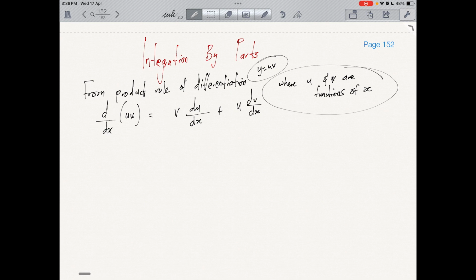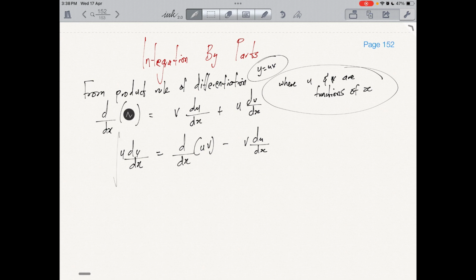Now let us rearrange these terms, so we are arranging it with u dv/dx coming up. This gives us d/dx of uv minus v du/dx. Now we can integrate both sides with respect to x.